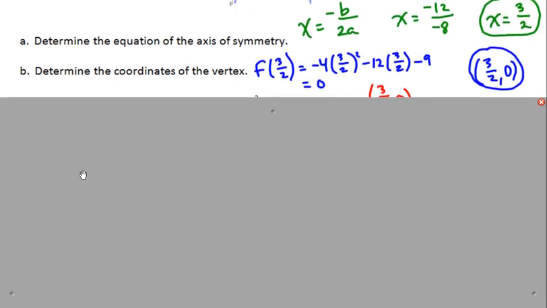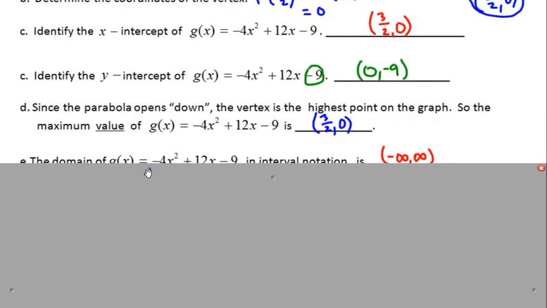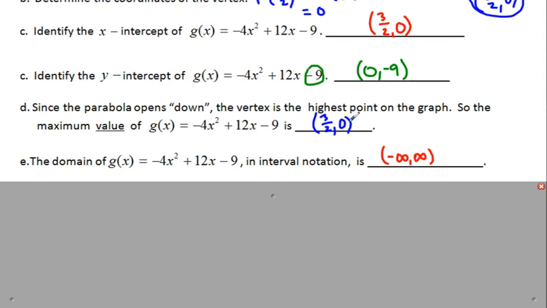We've got, therefore, an x-intercept of 3/2, 0, because it's the point where y is 0, where it crosses the x-axis. The y-intercept is always this c value, as we've said, so that's obvious right there. The parabola opening down means we've got a maximum value at the vertex. We do not have a minimum value. It goes on forever in the negative y direction.